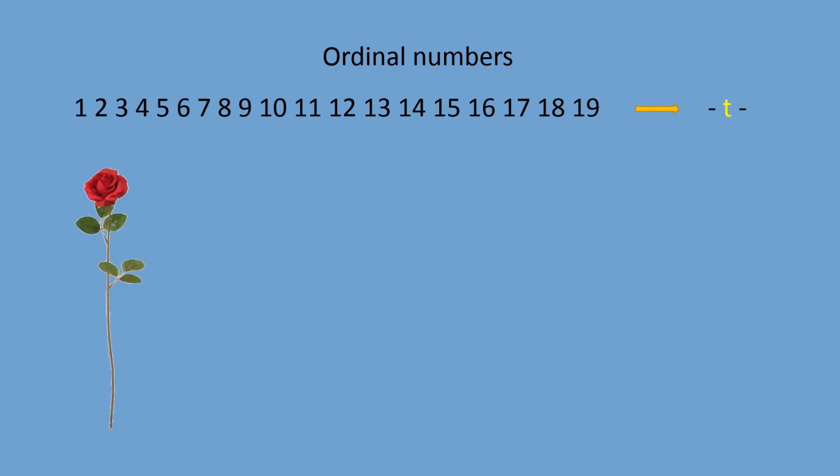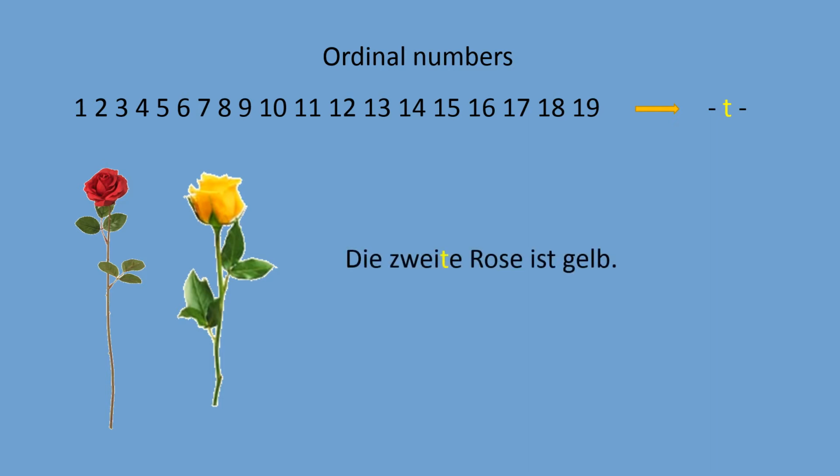For example, we have a red rose, and then we have a yellow rose, and we would like to say that the second rose is yellow. How do we do it in German? We say, die zweite Rose ist gelb. Take a close look at this zweite. What we did, we took the number 2, which means zwei in German.